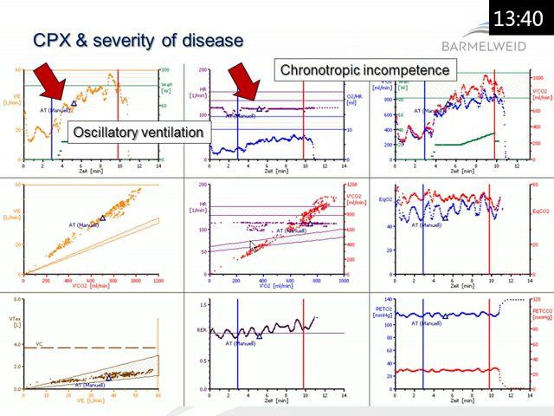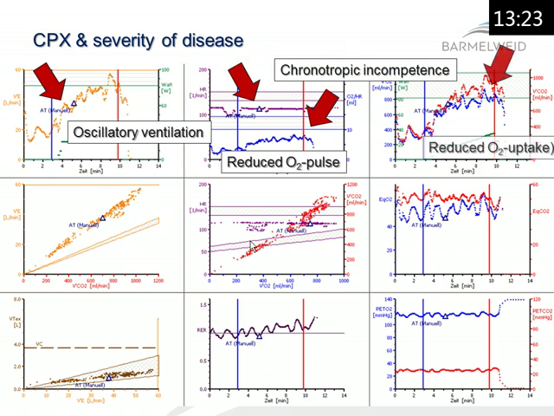This patient also has a chronotropic incompetence. Well, it is difficult to make an exercise prescription for these patients. You just follow the symptoms. Then you see that the oxygen pulse, which reflects the ventricular function during exercise, is reduced. You see that exercise capacity is very low, below maybe, let's say, 50% of predicted value.